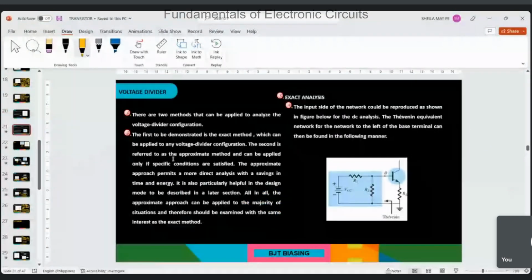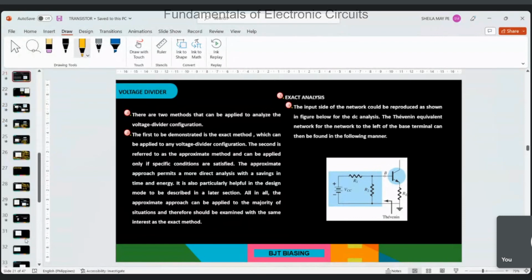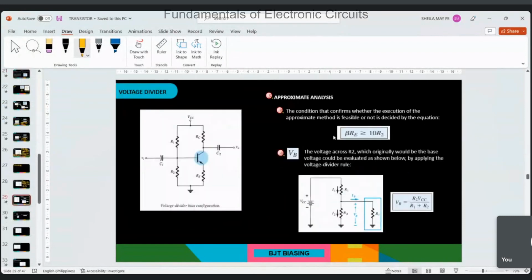The approximate method can be applied if and only if specific conditions are satisfied. This is the main condition: if it is satisfied, we can use the approximate analysis directly. If it's not satisfied, we proceed to use the exact analysis.